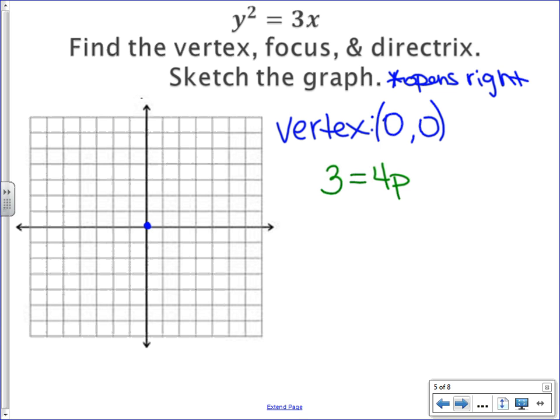In this equation, what is p? If I write y squared equals 4p times x, that is the same thing as y squared equals 3x. I did not change our equation, I just had to figure out what that p value was.